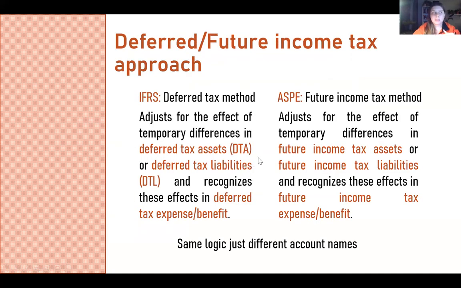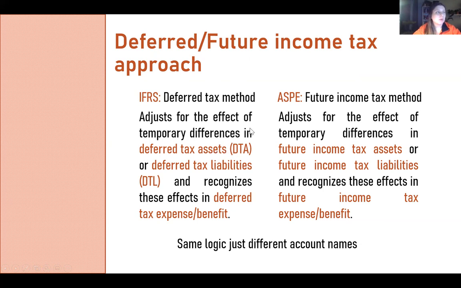The other method is the deferred/future income tax approach. Under IFRS, it's called deferred tax, and under ASPE, it's called the future income tax method, but it's the same logic, just different account names. Throughout the tutorial, I'll be using the deferred tax accounts, just so you know.